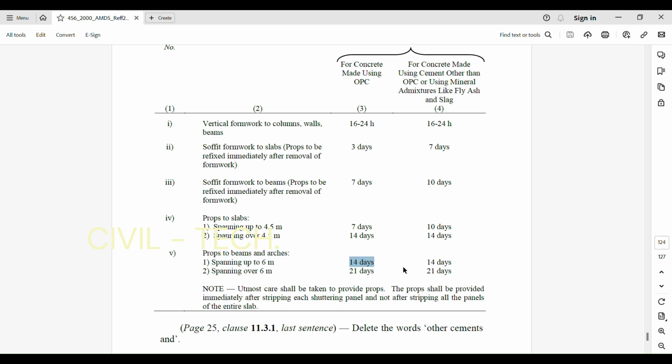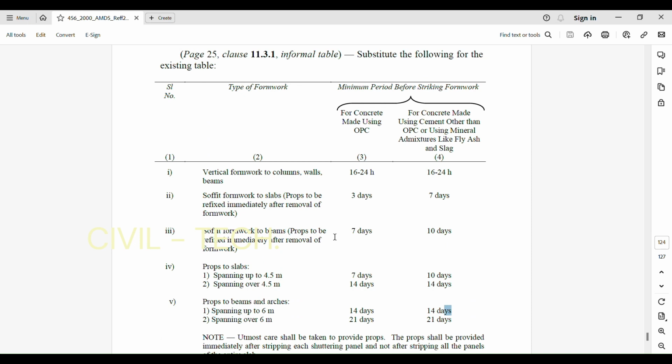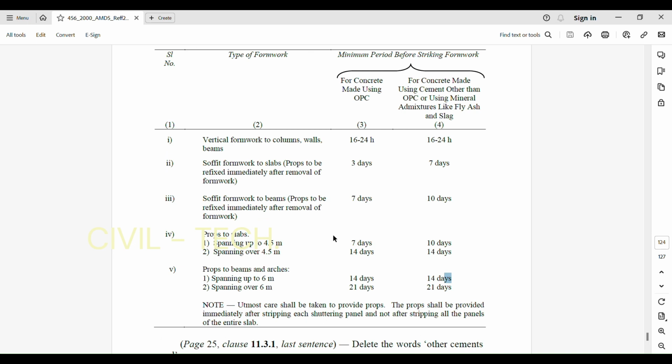It should be retained 14 days for both OPC and mineral admixture concrete. If the beam is spanning over 6 meter, the repropping should be retained up to 21 days. So this is the overall stripping time period for the formwork system.